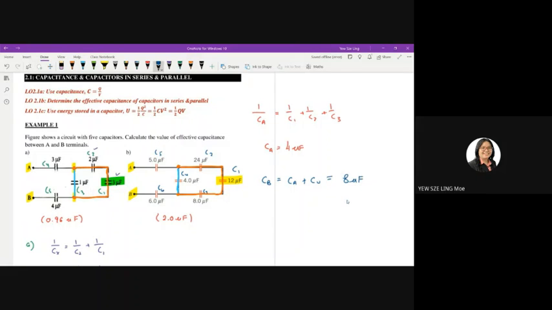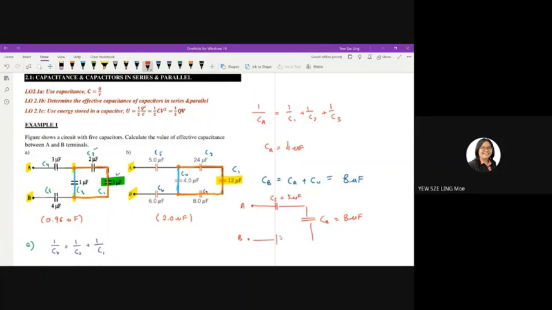After I combine the orange color path and the blue color path, the remaining diagram would be like this. Terminals, here is my C5, which is equal to 5 microfarad. Here is my CB, which is 8 microfarad.